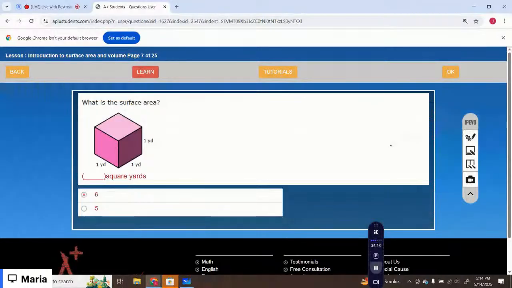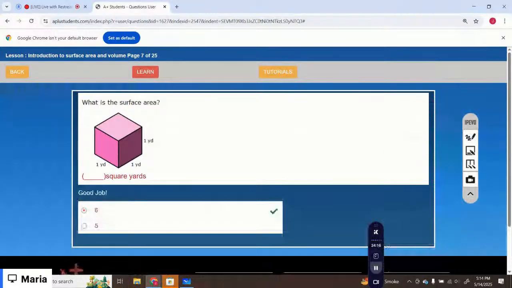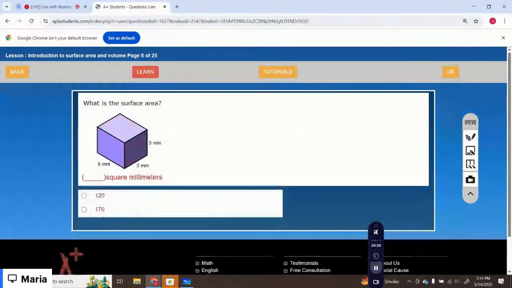Option number 1 is the correct option. What is the surface area?